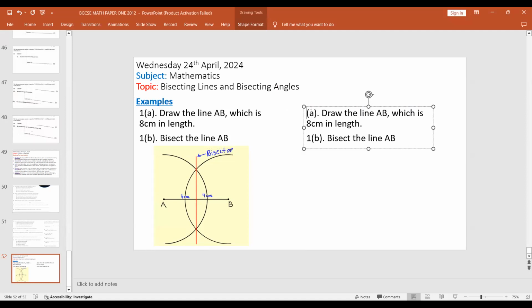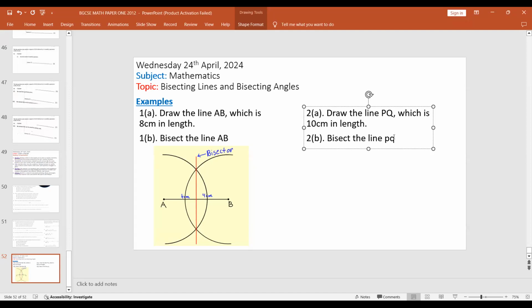We're gonna draw another one. This is gonna be number 2. We're gonna call this the line PQ. Let's say that this line is 10 centimeters in length, and we want to bisect the line PQ.